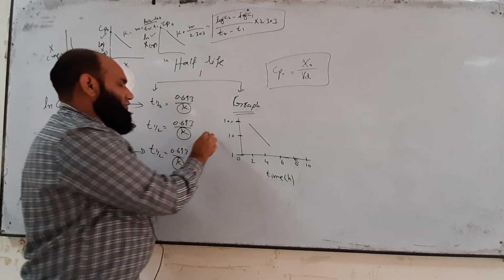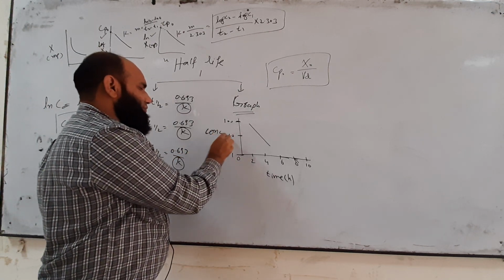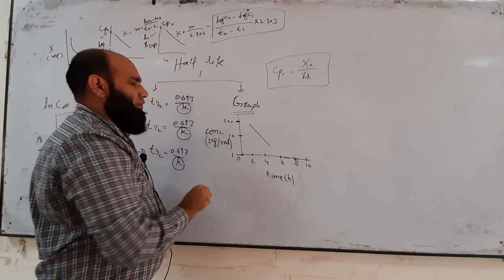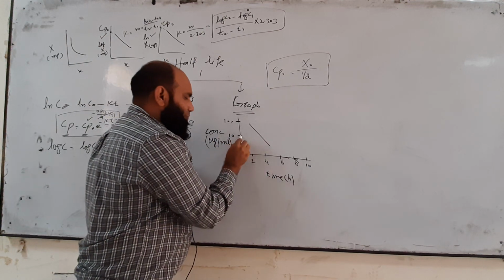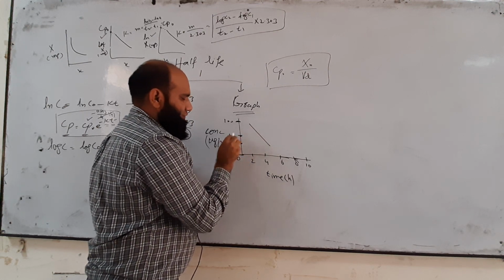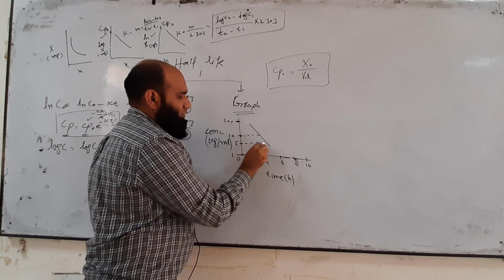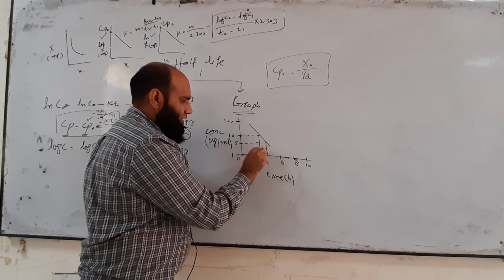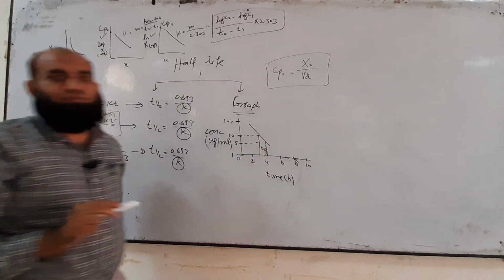This is our concentration, which might be in microgram per ml. We will take a point, it's 10 and its half, it's 5. Extrapolate it toward the straight line and then take the difference at the x-axis, that is t half.